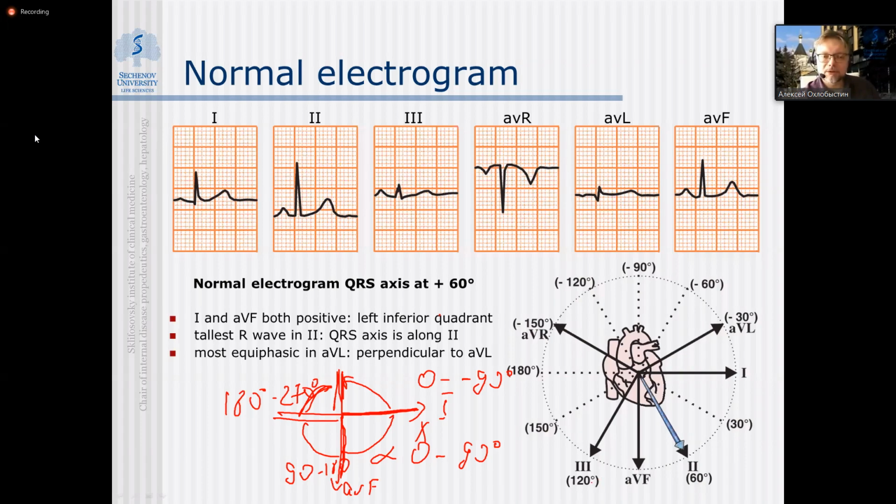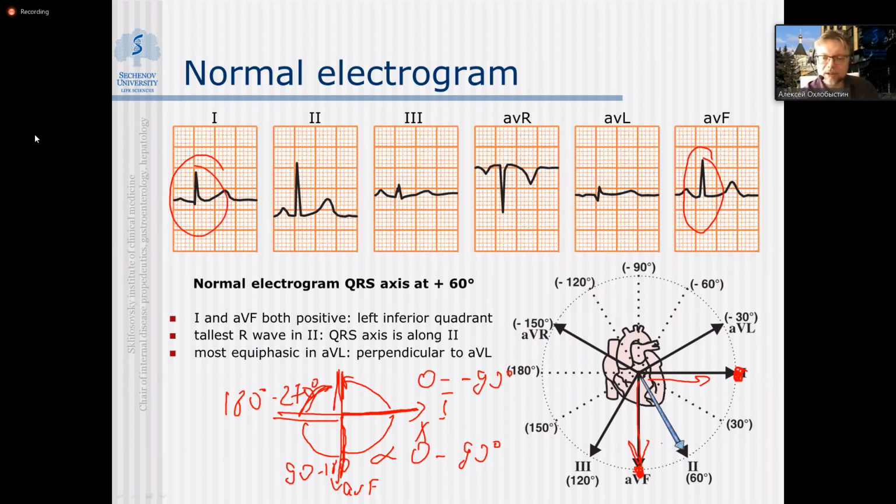What is going up and down? So he is at the positive electrode of AVF. If activation goes in that direction, in AVF you'll get positive deflection. If it goes in that direction, you'll have positive in the first standard lead.